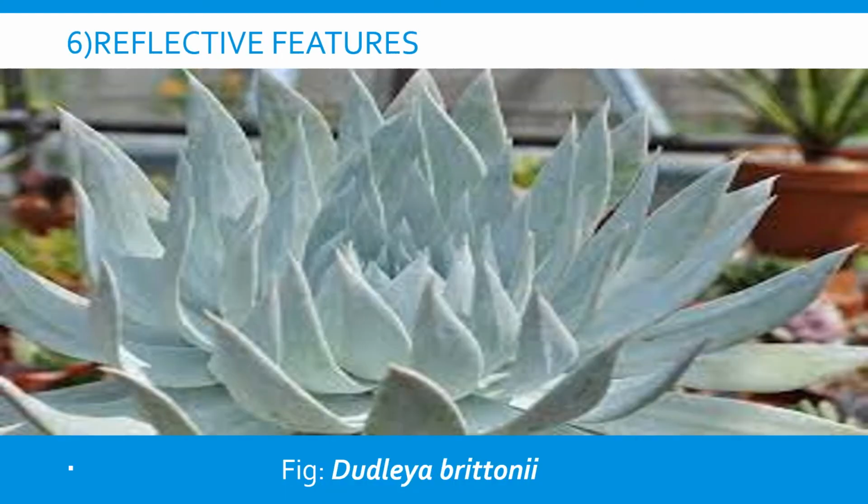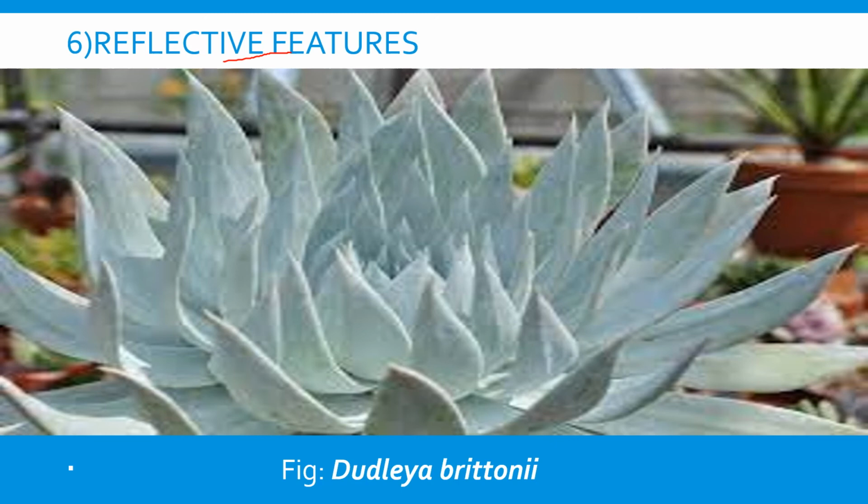The next adaptation is the reflective features. Reflective features means some of the xerophytes have a special structure, like the color of the plant or the wax or the hair of the plant, with the speciality that they will reflect the sunlight, and then it is obvious that it will help in the reduction of water loss.